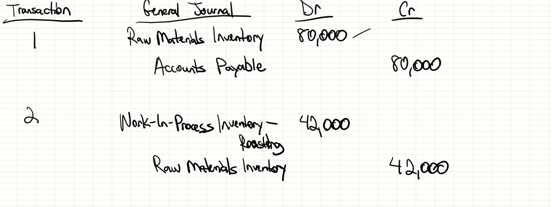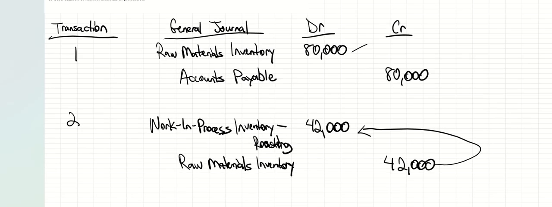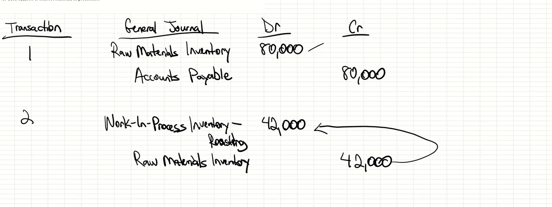The $42,000 worth of raw materials is moved from that inventory into the roasting department's inventory, which is in that work in process inventory account. So one inventory balance goes down and another one goes up. That's just letting you know that some raw materials was transferred into another department.